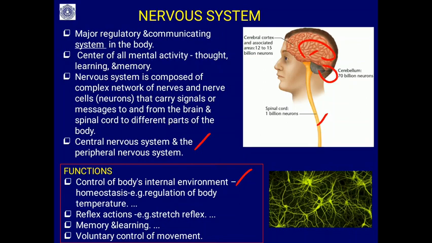Homeostasis means constancy, for example constant body temperature, oxygen uptake, rhythmicity of the heart, and the normal functioning of the various parts of the body. It is because of this nervous system.